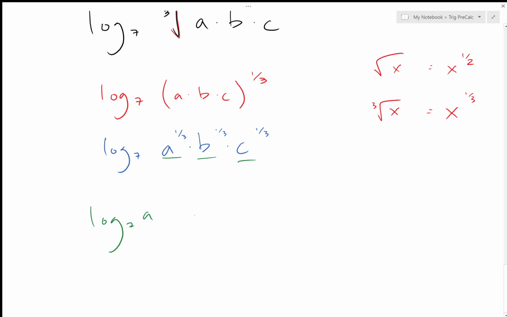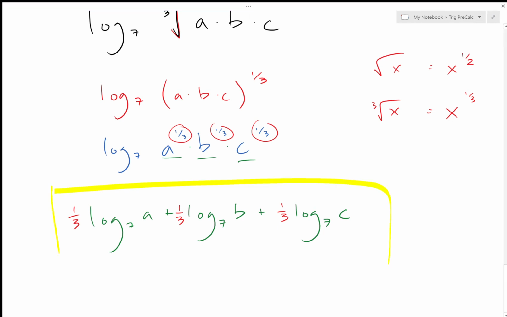One with a, and remember, multiplication becomes addition, so log base 7 b plus log base 7 c, and in front of all those gets their exponent, 1/3, right? Each of them get their own 1/3. And that's, remember, the exponent that traveled. So there we go, we have our expanded out logarithm.